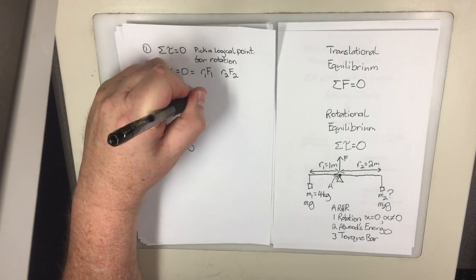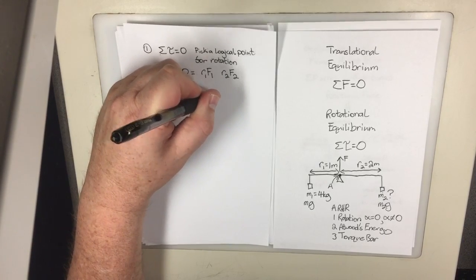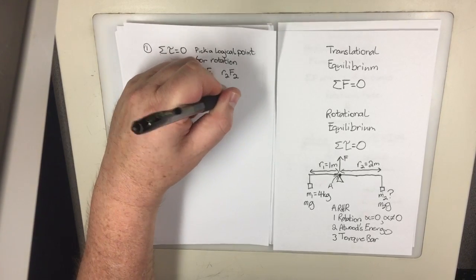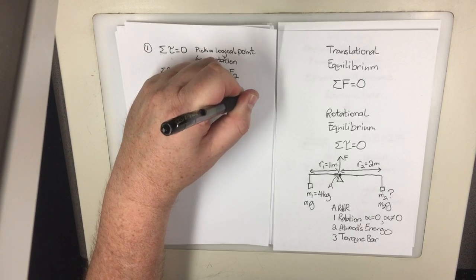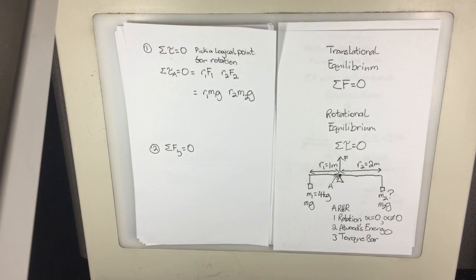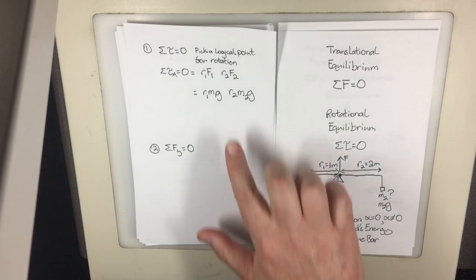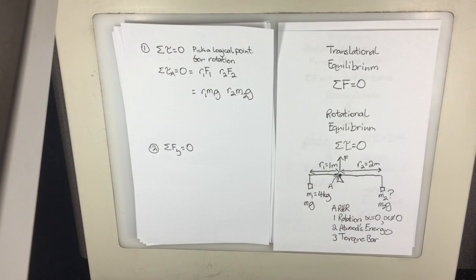So this becomes R1 M1G, R2 M2G. This is where the right-hand rule comes into play, because you notice I have not put signs in front of the parts in this equation.